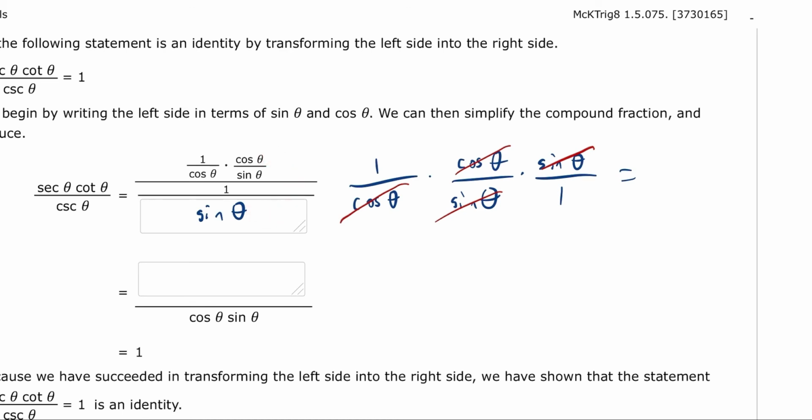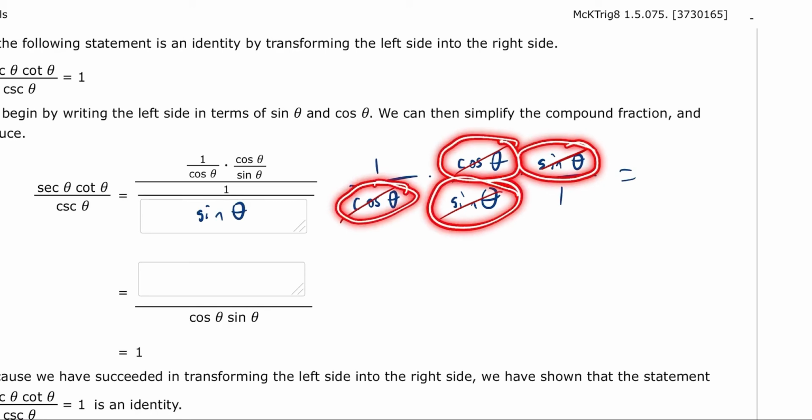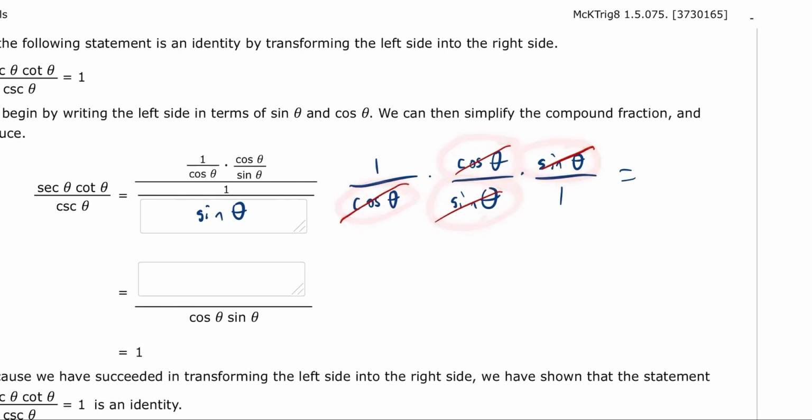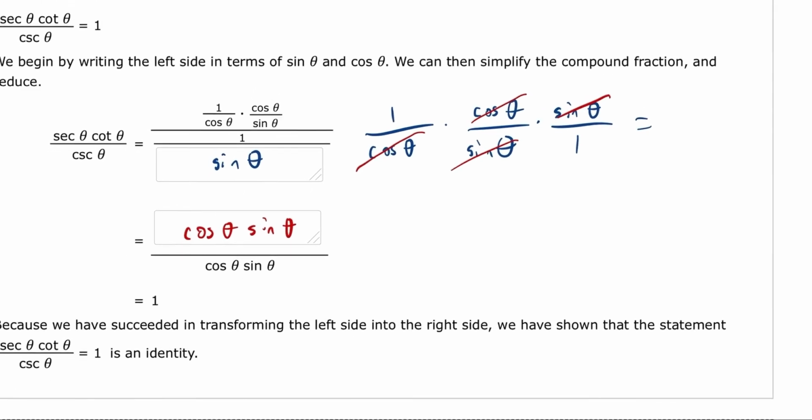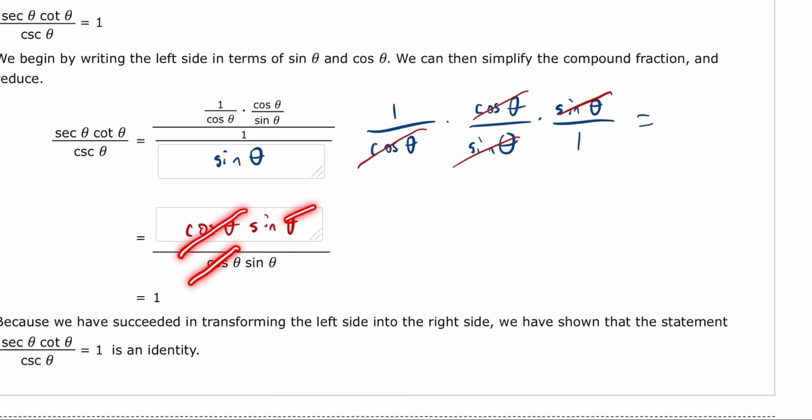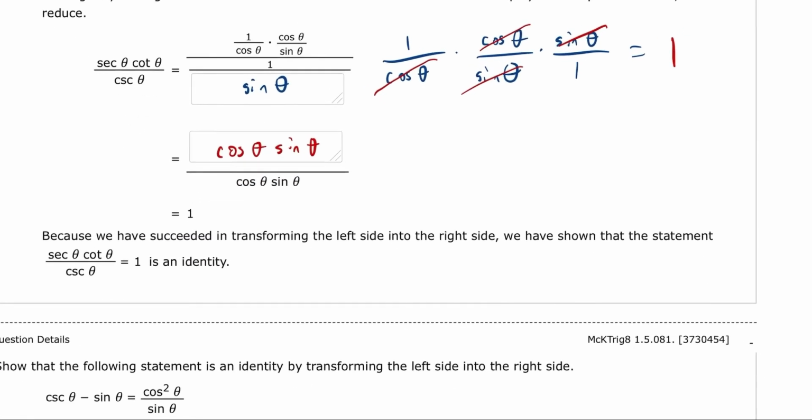So that's going to be cosine sine as well, because when you bring this up, you got cosine times sine over cosine times sine. And that's going to do it, because as you can see, these are going to cancel. Everything cancels and leaves you with a 1. So that is the final step of that proof.